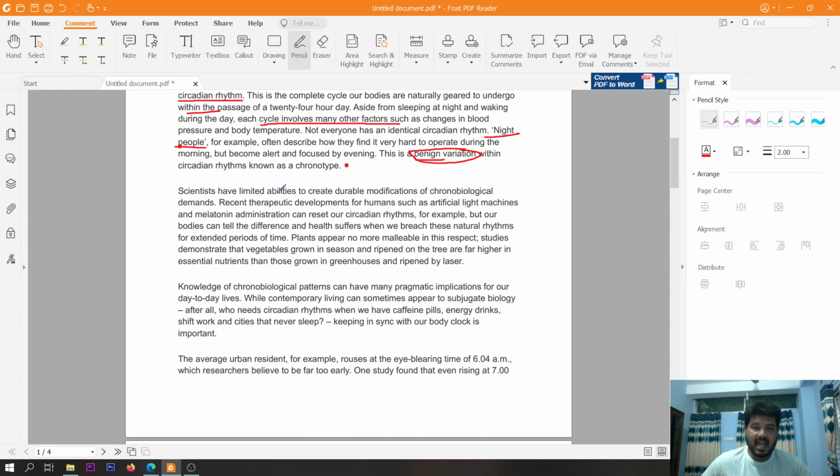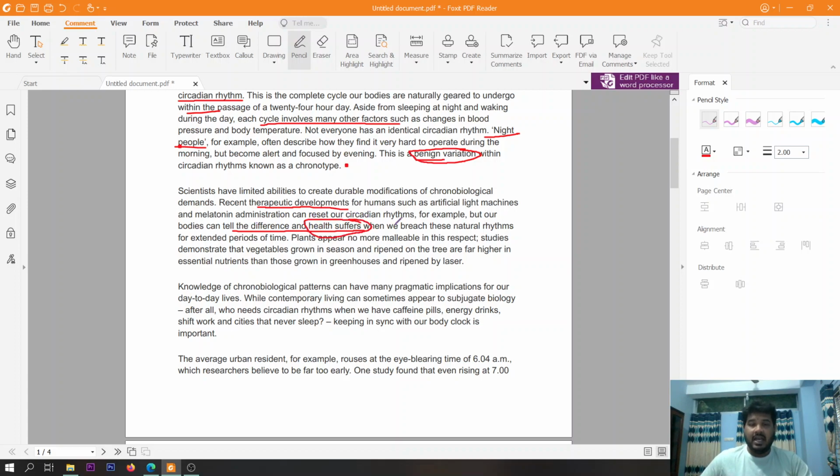Now, scientists have limited abilities to create durable modifications of chronobiological demands. Recent therapeutic developments for humans, such as artificial light machines and melatonin administration, can reset our circadian rhythms, for example, but our bodies can tell the difference, and health suffers. There you go.